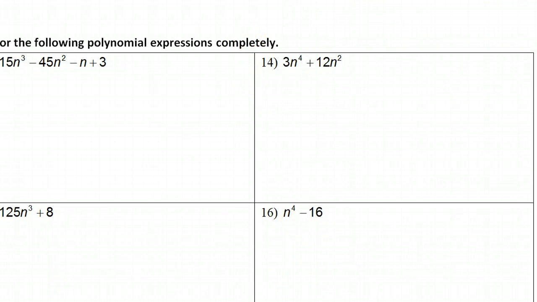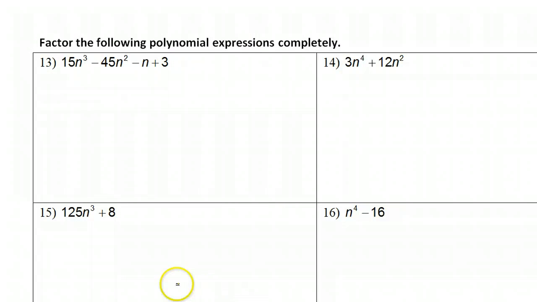Okay, and the rest of this is a little review on factoring, which you will be responsible for. Looking at number 13. The first step of factoring is to always look for the GCF. There is no common factor. But I notice that this is 4 terms, and I'm thinking grouping.